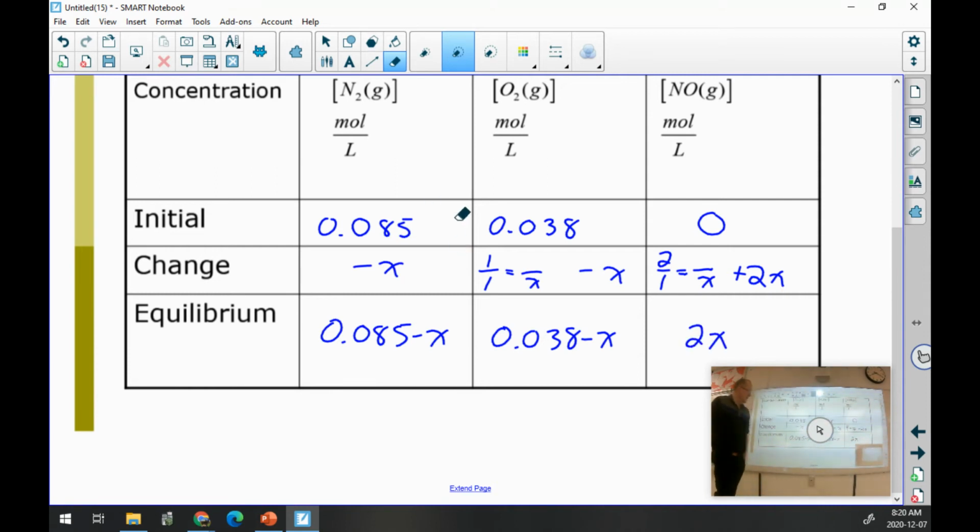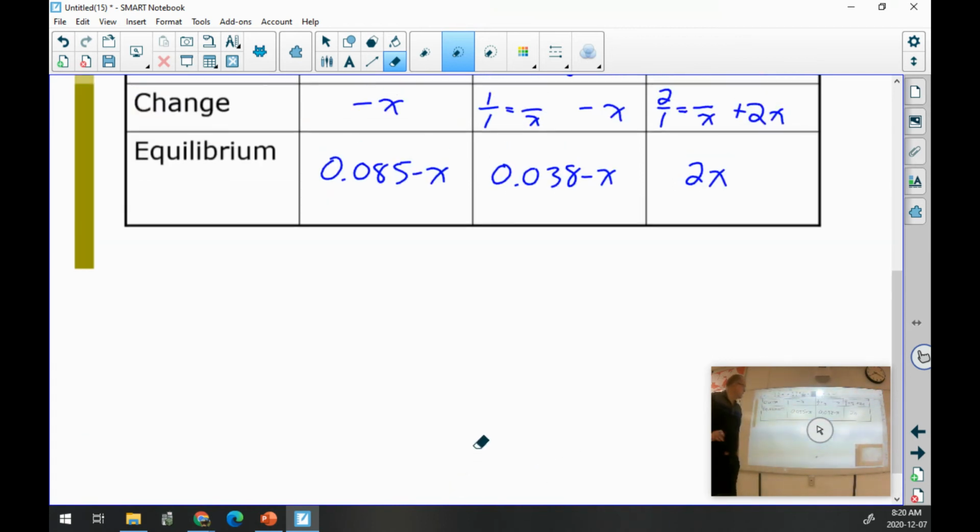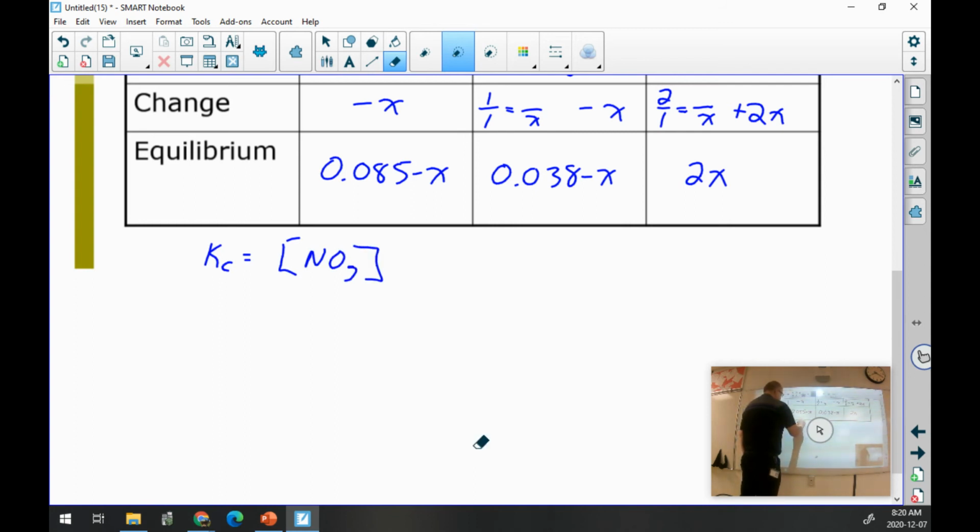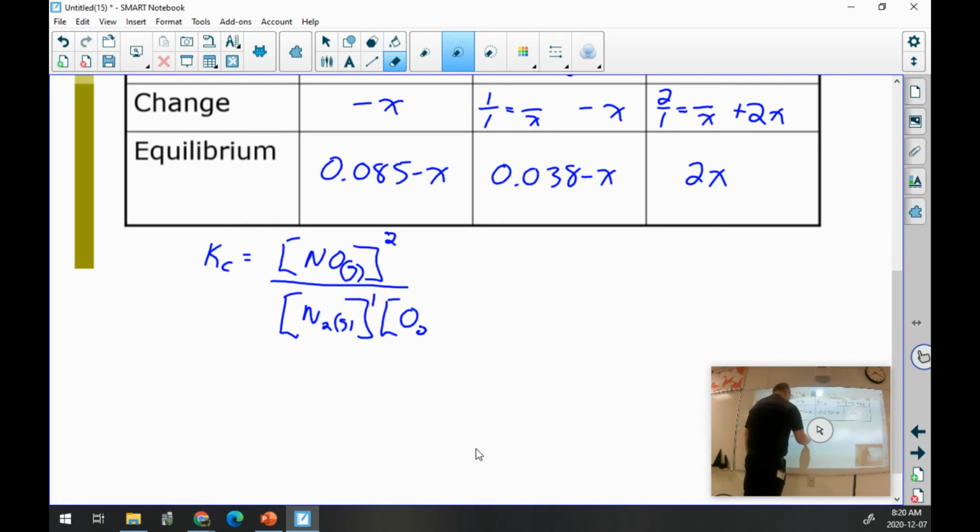Now I have not yet created my equilibrium constant expression. So Kc is equal to the nitrogen monoxide gas concentration squared from our reaction over our nitrogen gas raised to the power of 1 times our oxygen gas raised to the power of 1.